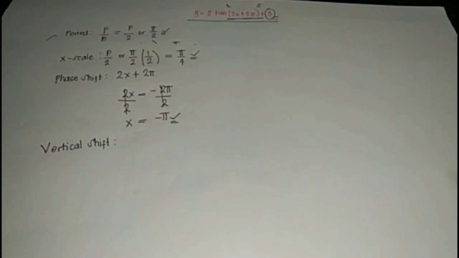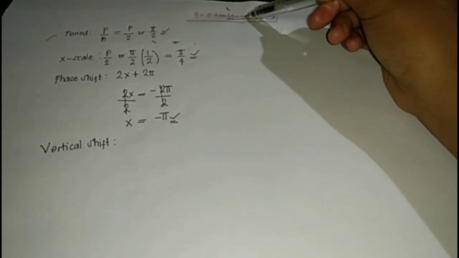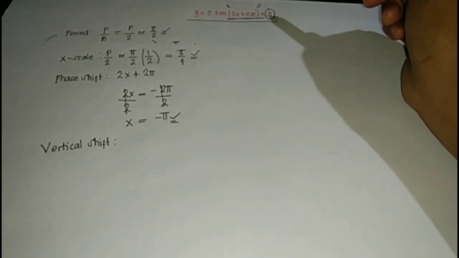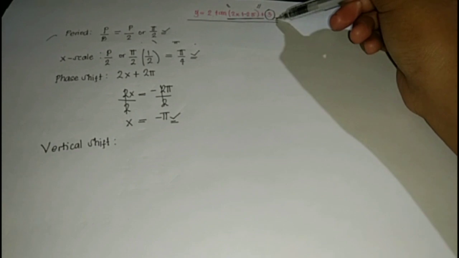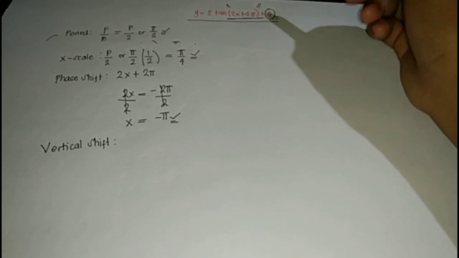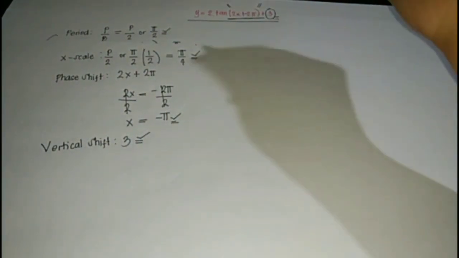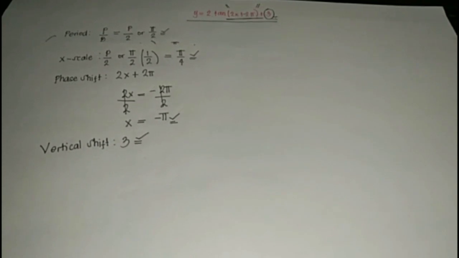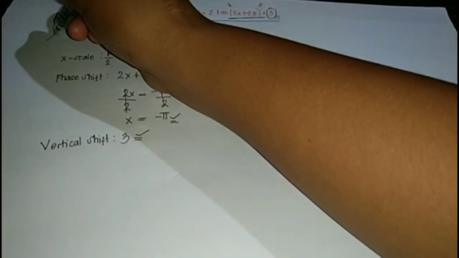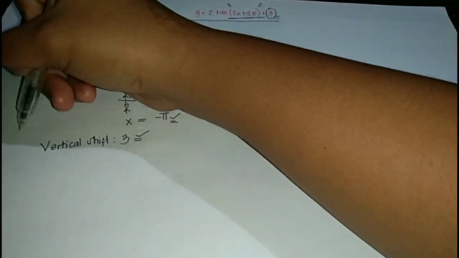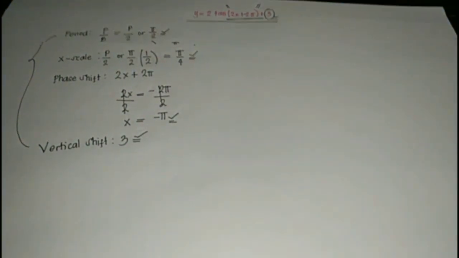So this is the phase shift. Next is the vertical shift. We simply copy the 3. Now we already have these four, we can proceed to our graph.